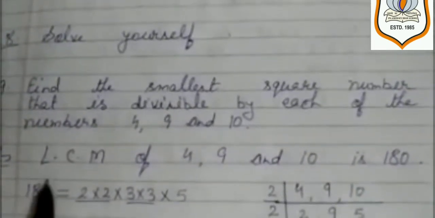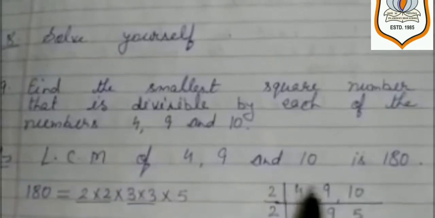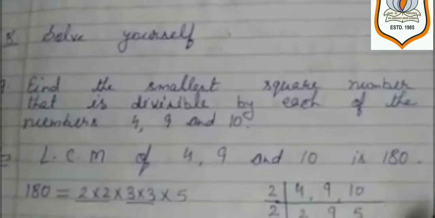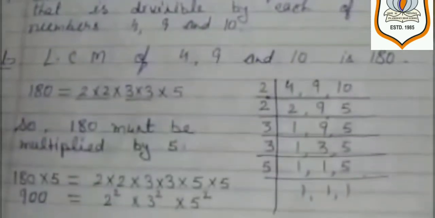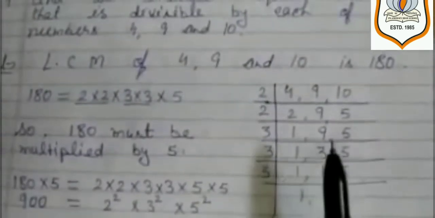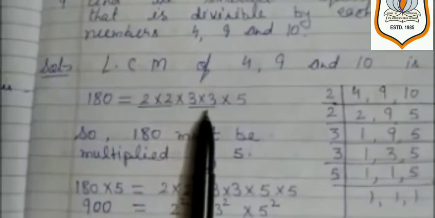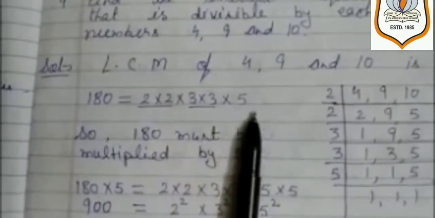Here, the LCM of 4, 9 and 10 is 180. This is your rough work. We write 180 equal 2 multiply 2 multiply 3 multiply 3 multiply 5.